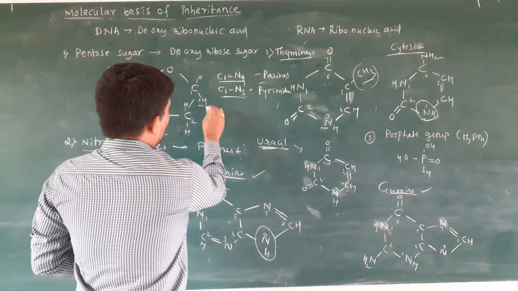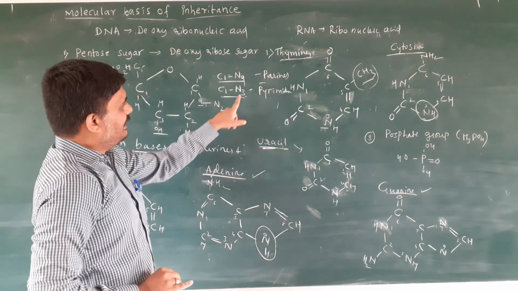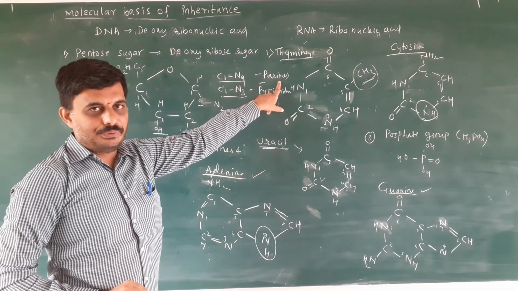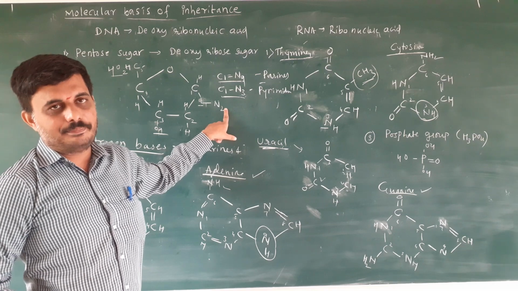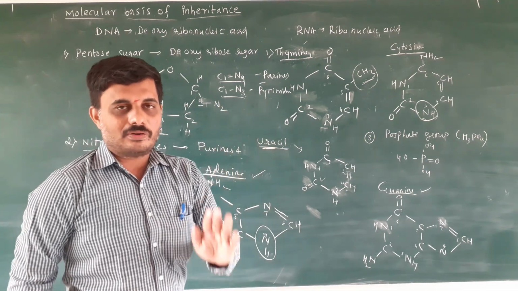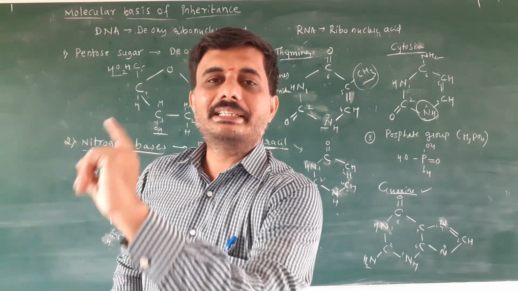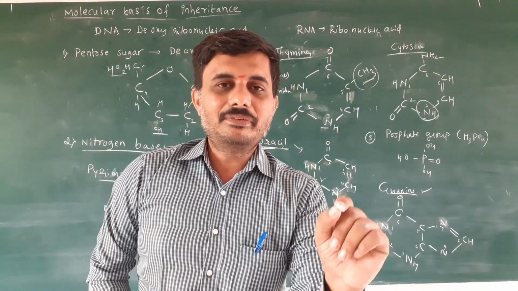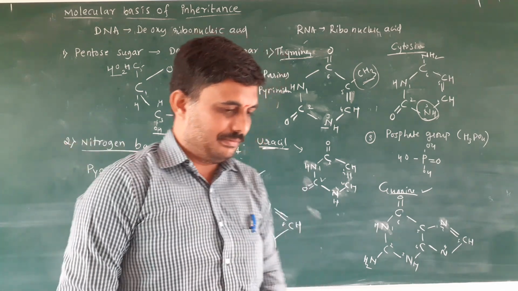So the nitrogen bases are attached at the N9 position in purine and the N3 position in pyrimidine.